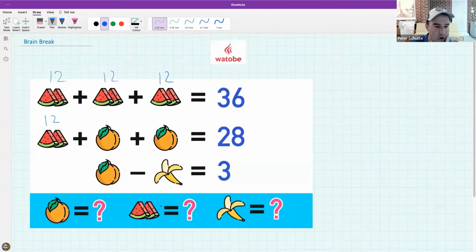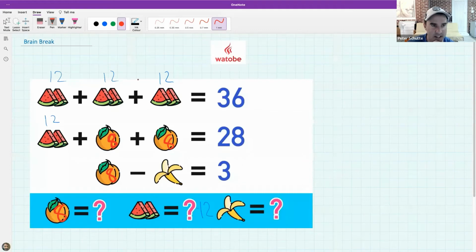It gets a bit trickier when I get to the peaches, because 12 plus 2 peaches is 28. The only way that is going to work is if this is an 8 and that is an 8. And so each peach is going to be 8.